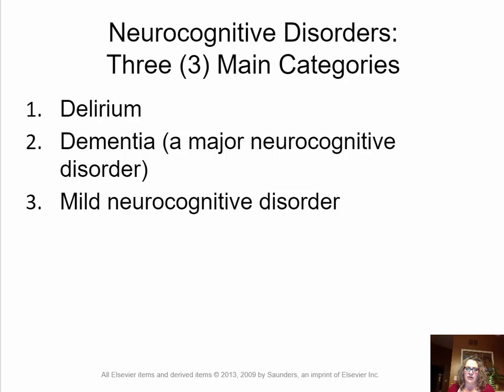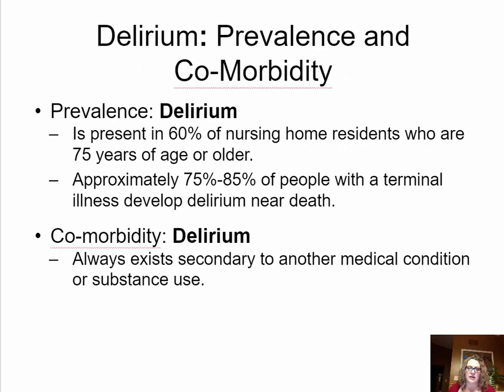Sometimes it's very hard to differentiate between delirium and dementia. Delirium is a confusion that develops quickly and fluctuates in its intensity. There is a change from the person's normal attention and awareness.